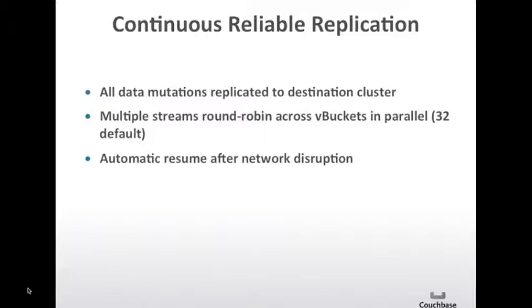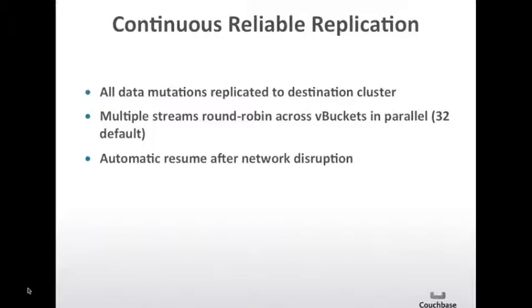Another common question users ask is, if there is any network disruption, or a failure on the source cluster or destination cluster, how do we make sure that we handle those cases? What we have is something called a checkpointing mechanism. We checkpoint every replication going on at the vBucket level.